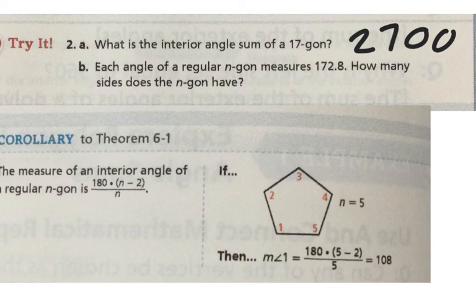So what we know in this problem is they used this formula to get this answer. At some point, they did 180 times n minus 2, divided by n, and found that every angle should be 172.8. That's how you'd have to work this problem.